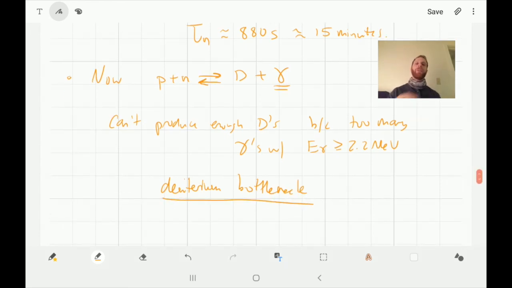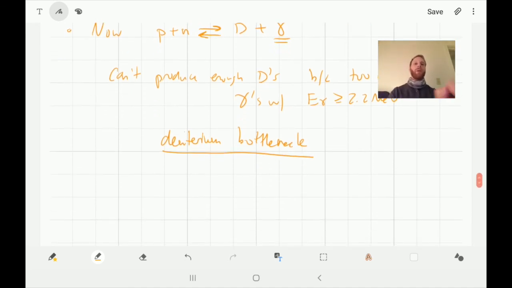So what you have to then wait for is the universe to expand, to evolve even more. From that 1 second mark, you have to let the universe get cold enough that the number of photons with energies that exceed 2.2 MeV are small enough that finally this reaction can mostly happen in the forward direction.